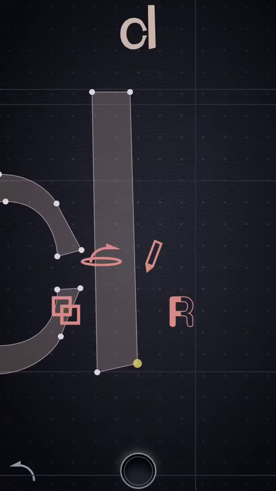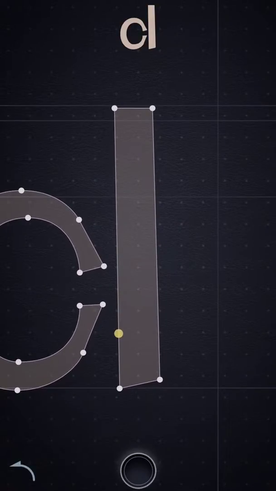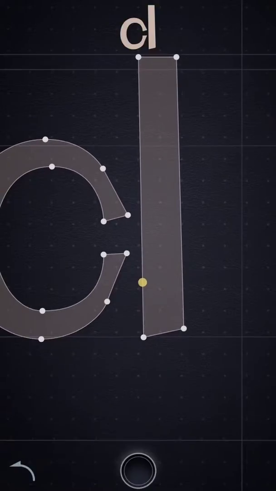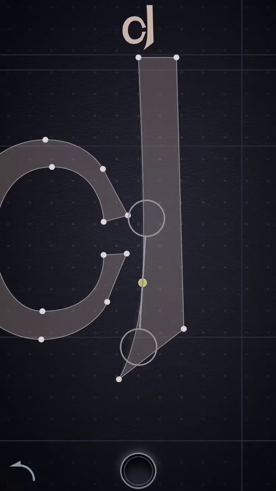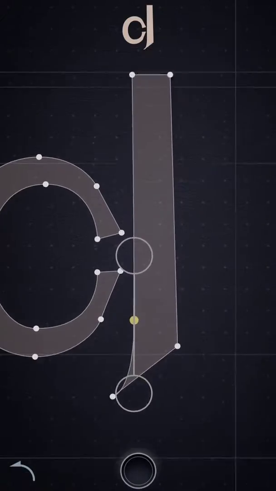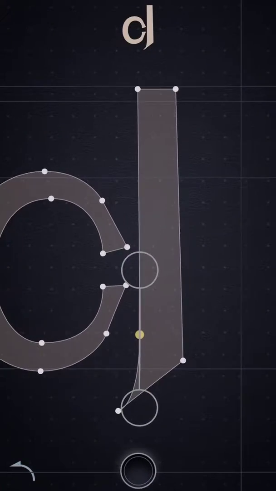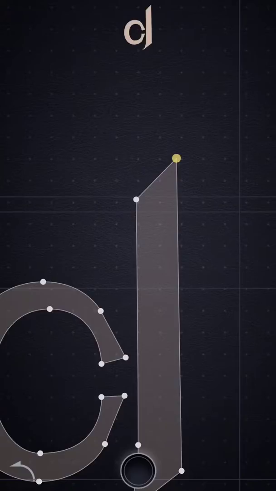If you hit inside the segment, you will get the pen tool. The pen tool is the tool you're probably going to use most of the time. So let's do something like this. And that's a toggle.